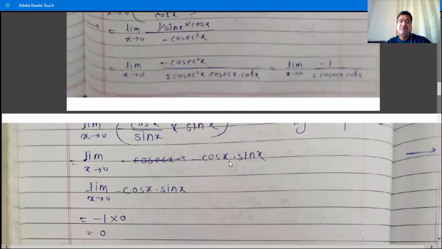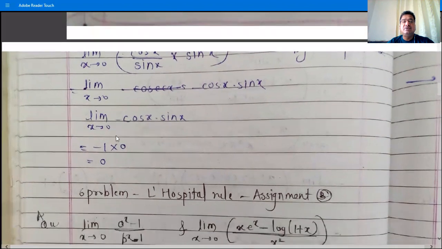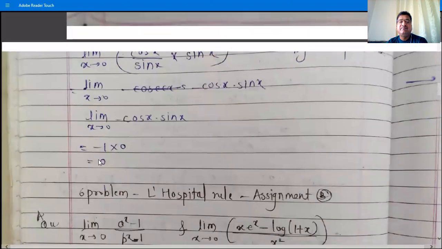So we have sin x into sin x by cos x, which gives sin x into tan x. Then substitute x as 0: cos 0 is 1, sin 0 is 0. So 1 into 0 is 0. So the answer of this problem is 0.